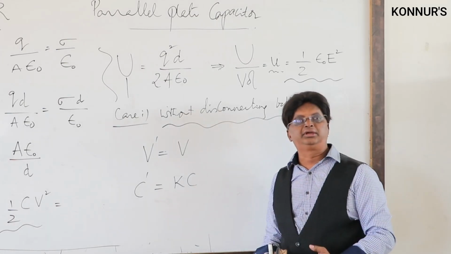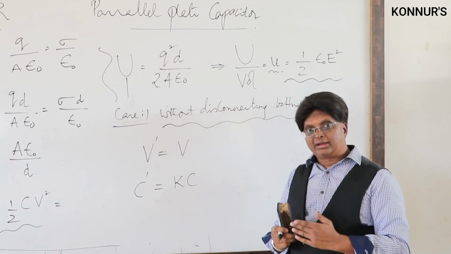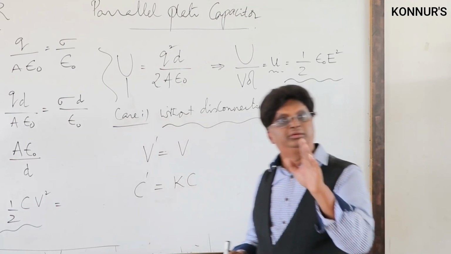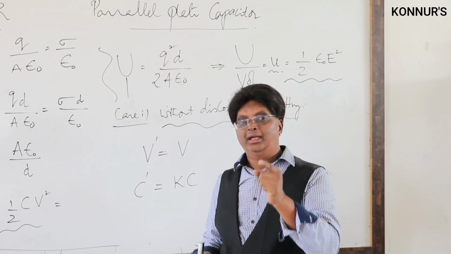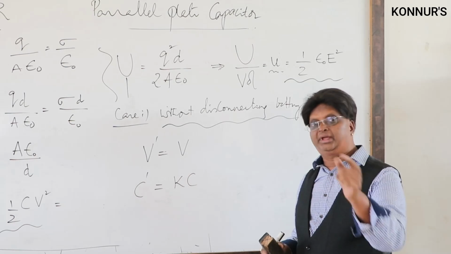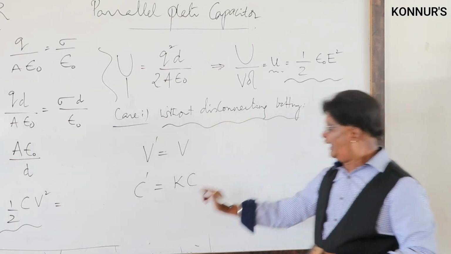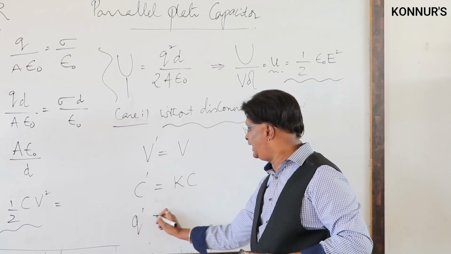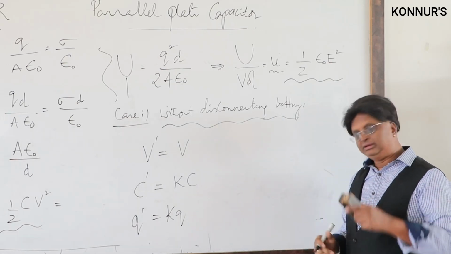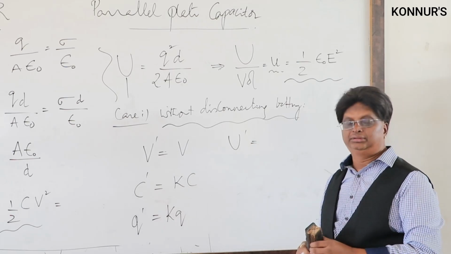Since capacity has increased, it can accept more charge. Remember, capacity has increased does not mean that always the charge increases. It should not be taken like that. But in this case, capacity has increased and the battery, which is not disconnected, supplies the charge, and hence Q dash is K times Q. Now U dash, the new energy.